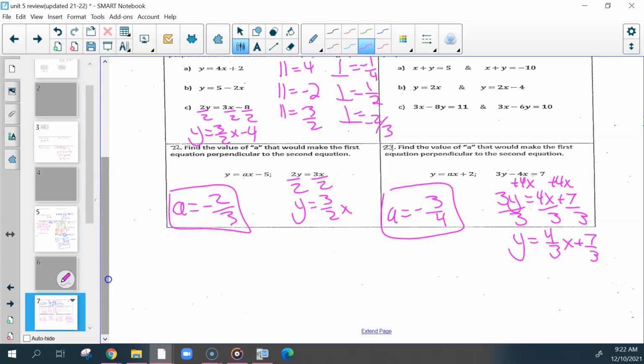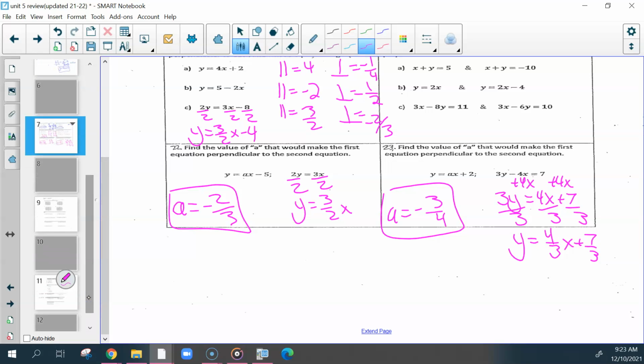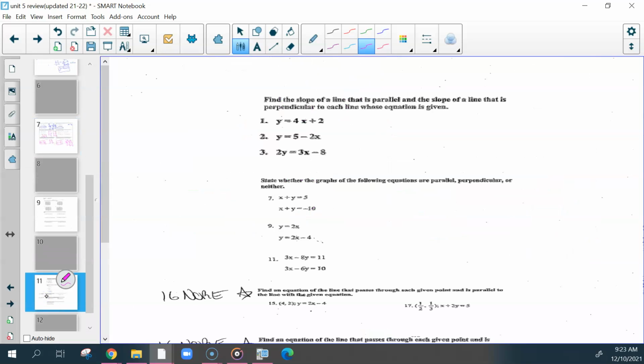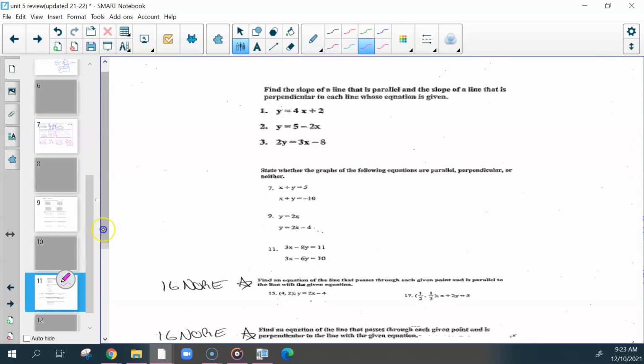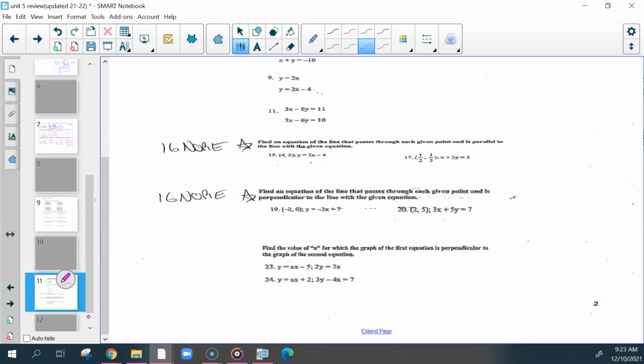The next page of this is like more of the first 2 objectives. And the very last page is like a repeat of this, but written in different forms, like they're the exact same questions. On the very last page, I want you to ignore these.